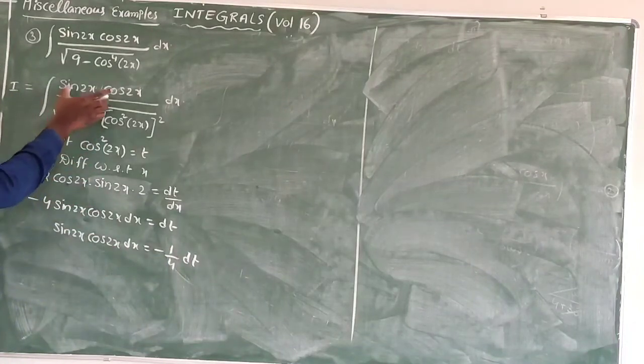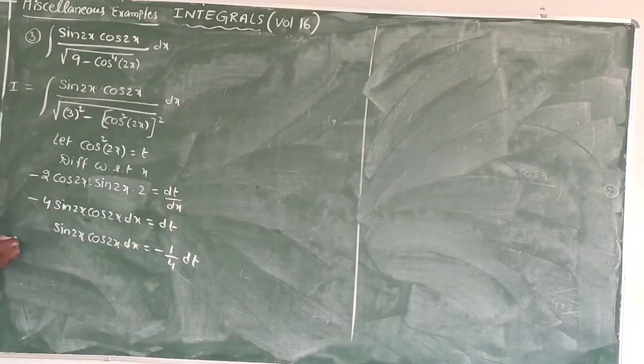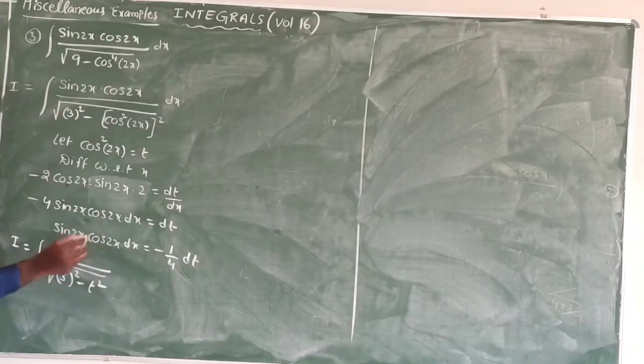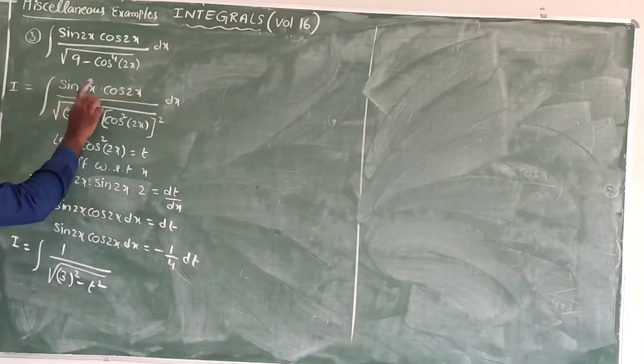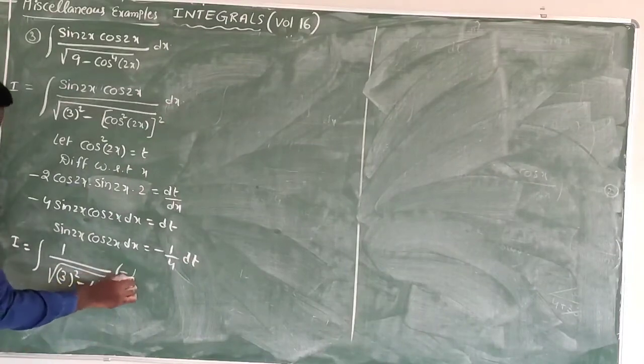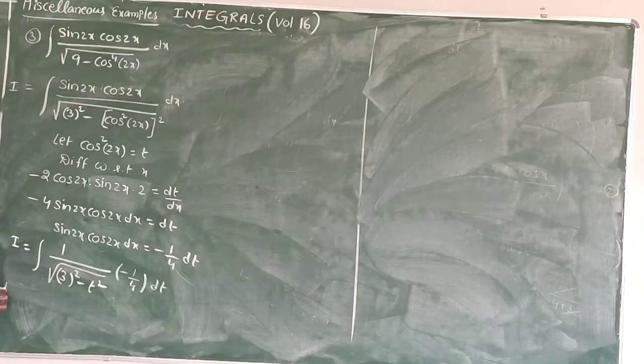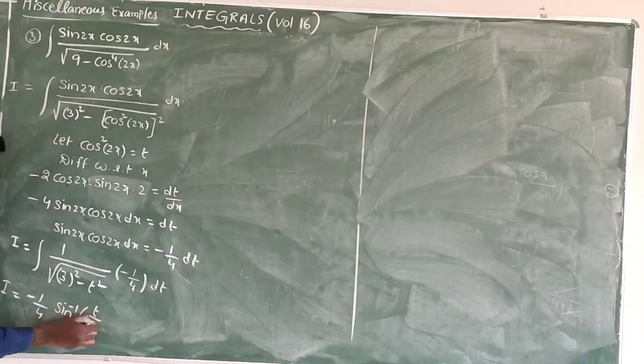This term is already present in the question. Then I equals integral 1 by under root of 3 square minus t square, because this is t. sin 2x cos 2x dx is nothing but minus 1 by 4 dt. Minus 1 by 4 constant. It is in the form of integral 1 by under root of a square minus x square, that is nothing but sin inverse of x by a plus c.